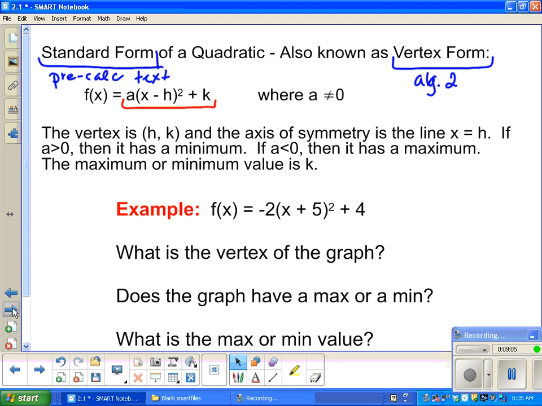The vertex is (h, k). Axis of symmetry, x equals h. Remember, on our graphs, if we go back to our graphs, they're reflective over the vertex. If a is greater than 0, there's a minimum. In other words, it opens up.